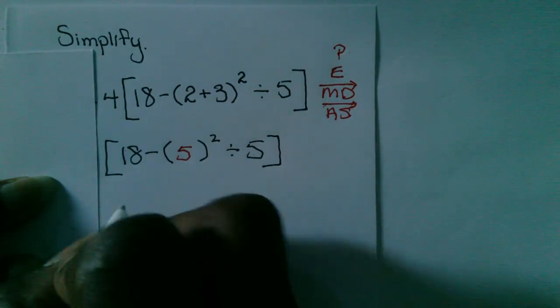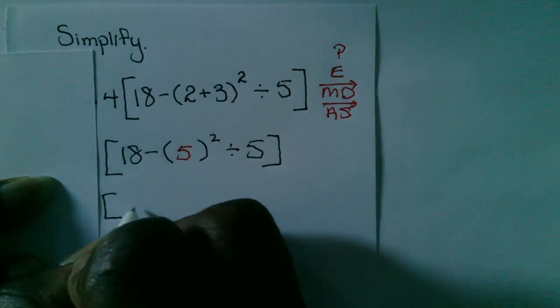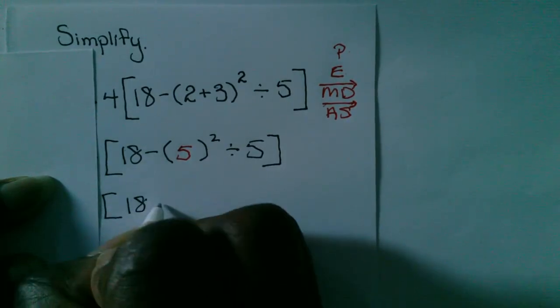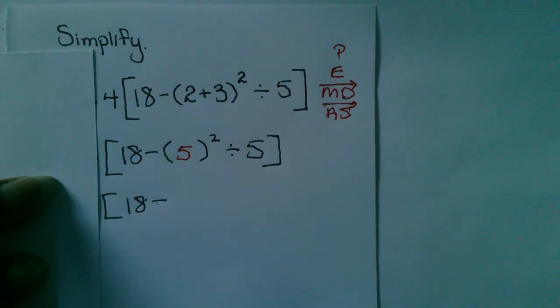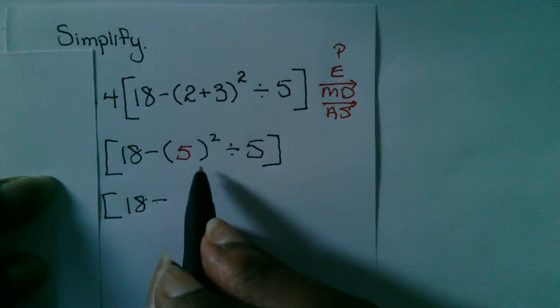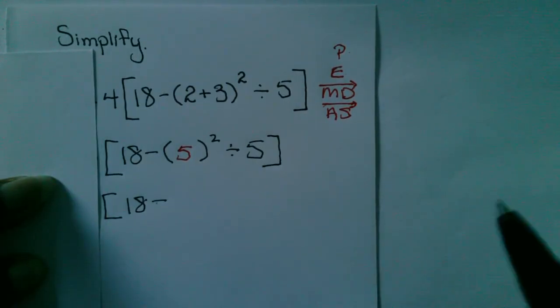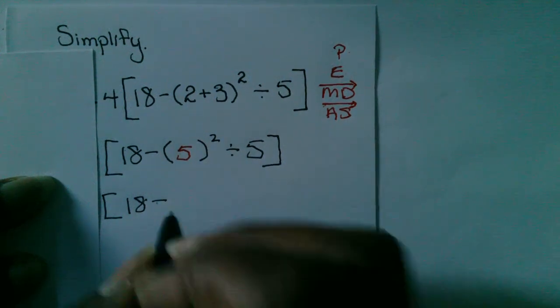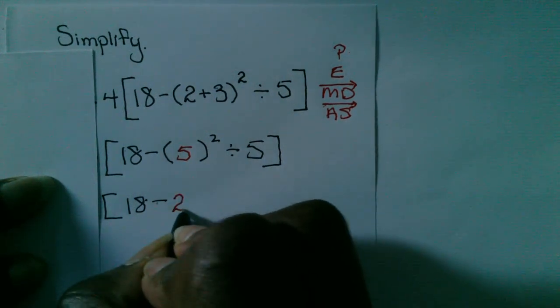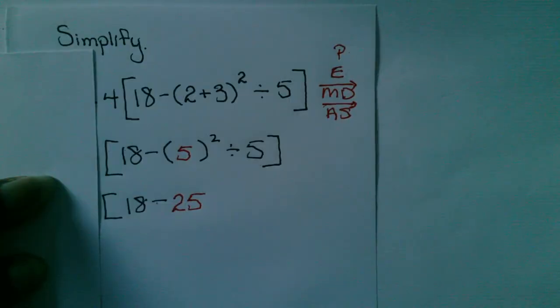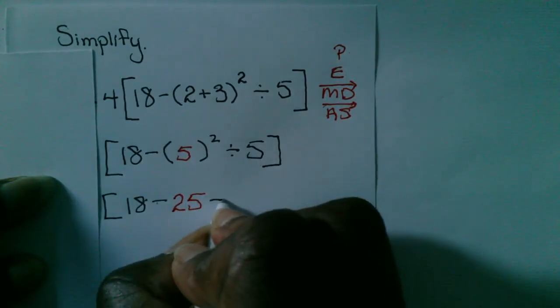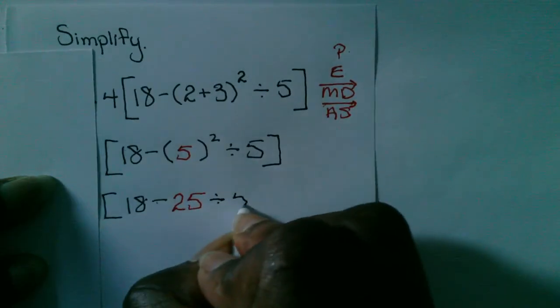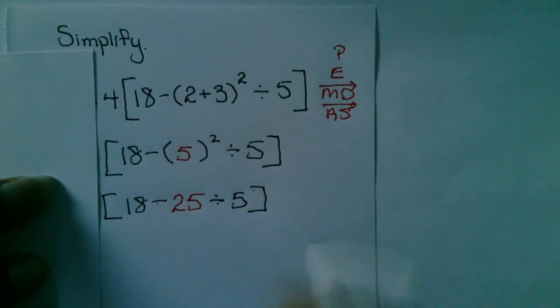So that means we're going to have our bracket. We have our 18 minus 5 squared. 5 squared is not 5 times 2. It's 5 times 5, which gives us 25. Divided by 5. That's inside the bracket.